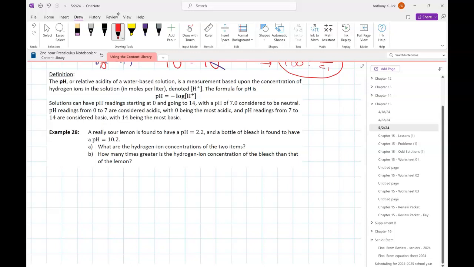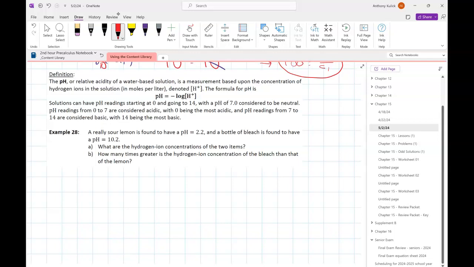The formula for pH is that the pH of a compound is equal to the negative log of the hydrogen ion concentration. Typically, you measure solutions with pHs from 0 to 14. 7 is considered neutral. That's the pH of deionized water.